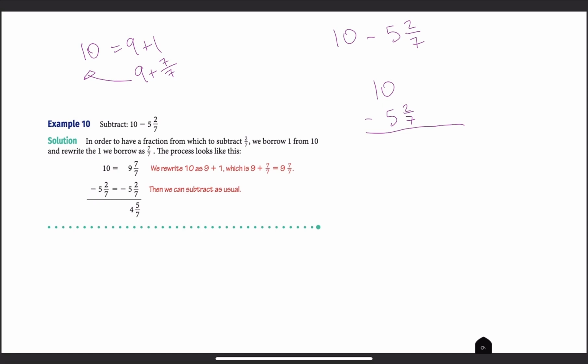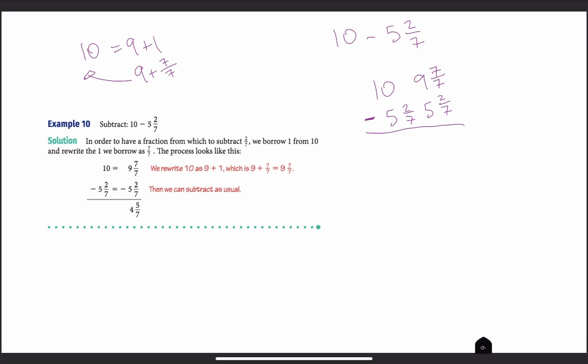But this is a pretty useful way for me to write 10. So this is really going to be 9 and 7/7 minus 5 and 2/7.